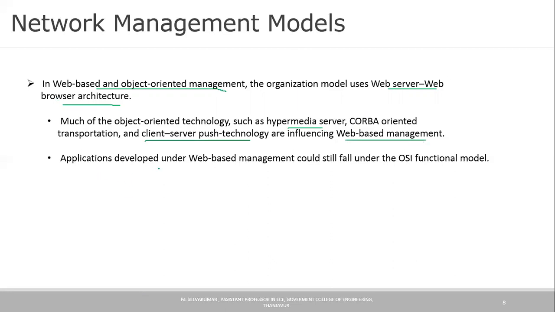Applications developed under web-based management could still fall under the OSI functional model.